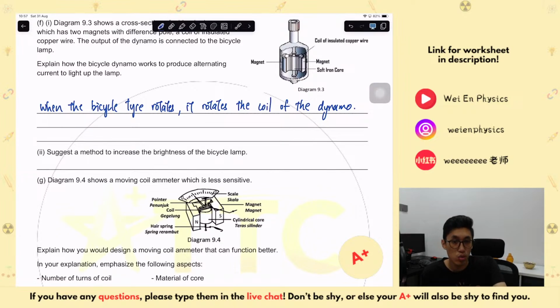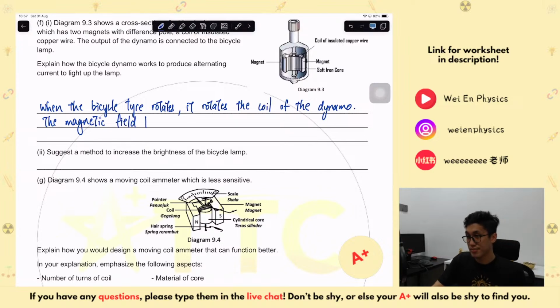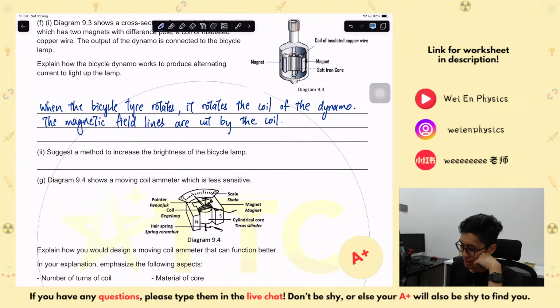Now it doesn't matter who rotate one. Okay? Dynamo rotate also can, coil rotate also can. It doesn't really matter. So the magnetic field or the magnetic field lines are cut by the coil. Okay? The magnetic field lines are cut by the coil.